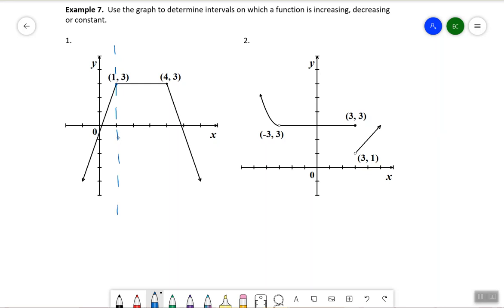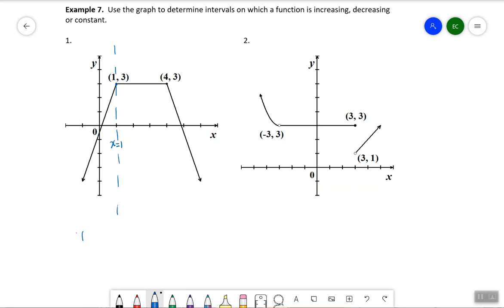Here is x equal 1. And to the left of 1, can you see that the graph is increasing? Remember, we go from left to right. We're not going to follow this arrow down to the left, right? We're going to come from the left and we're going to go to the right.